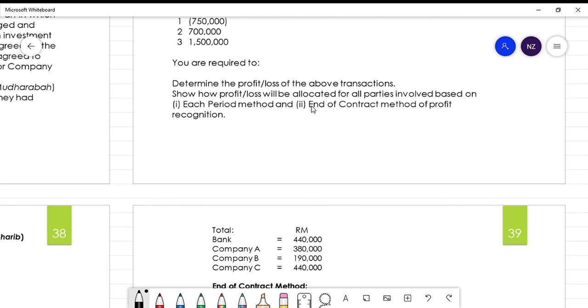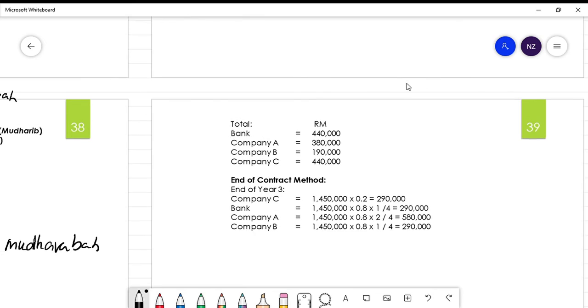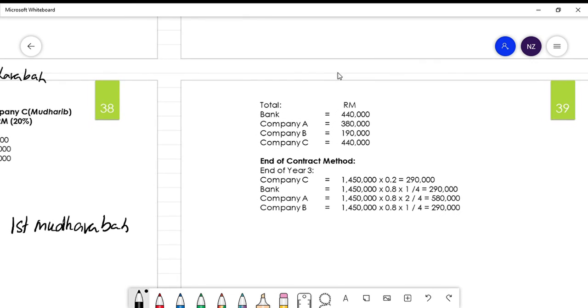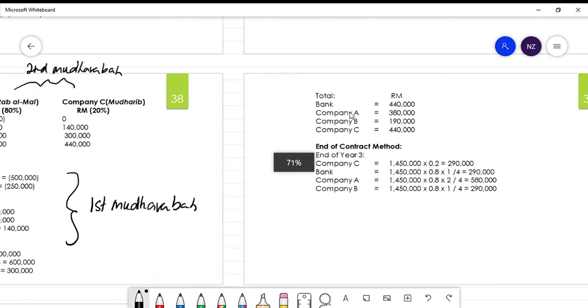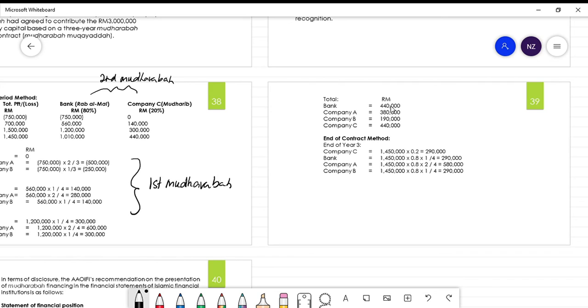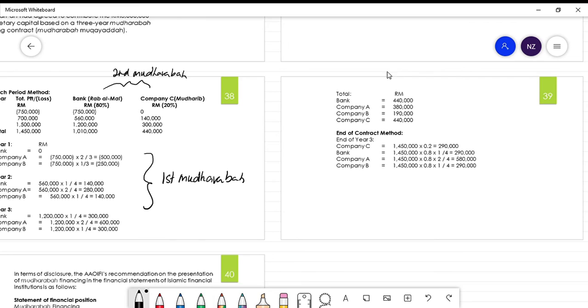Now kita kena allocate dia orang punya profit at the end of the contract method. So this is how you calculate dia punya profit at the end of the contract method. Okay. Ni total ni maksudnya apa tau? Total ni is the total amount of profit yang bank and A, B, C dapat from the first and the second mudharabah. Okay, macam mana?